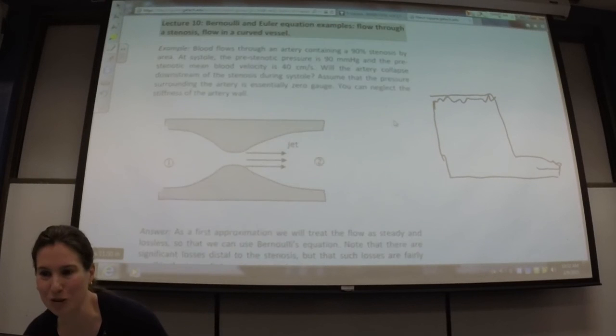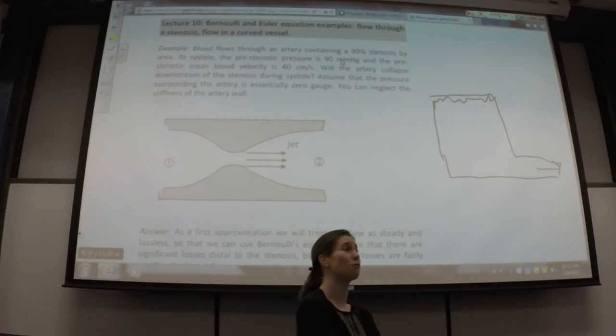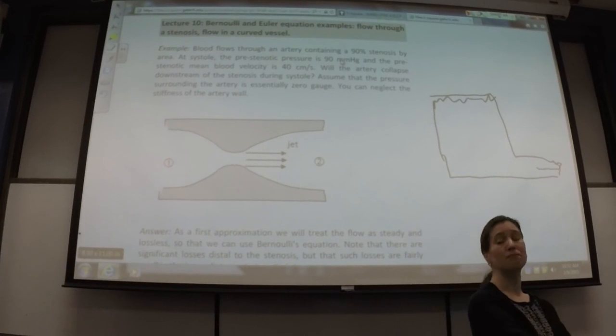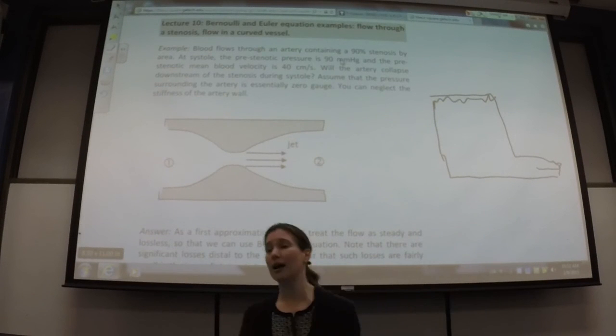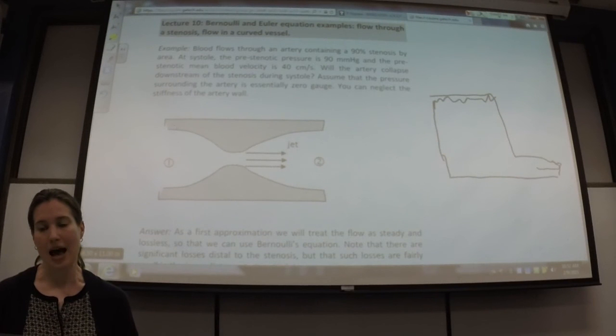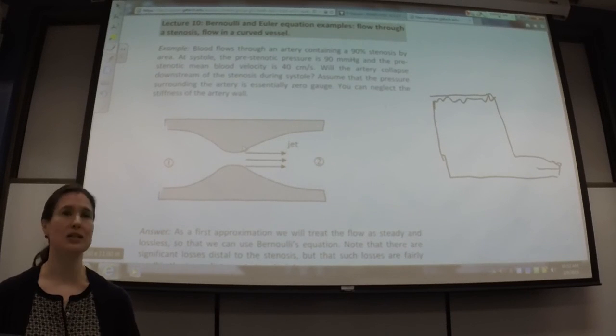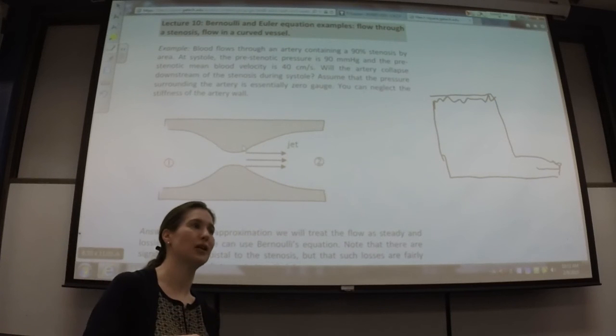That's a good question, because all they tell you is the pre-stenotic pressure and not what the pressure would be for collapsing. So I think in this example, I would say the fact that the pressure over here is so large and the fact that you have a low pressure elsewhere means that you don't have enough for collapsing.